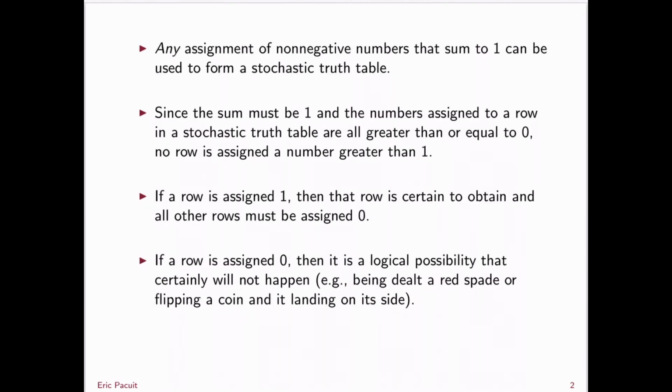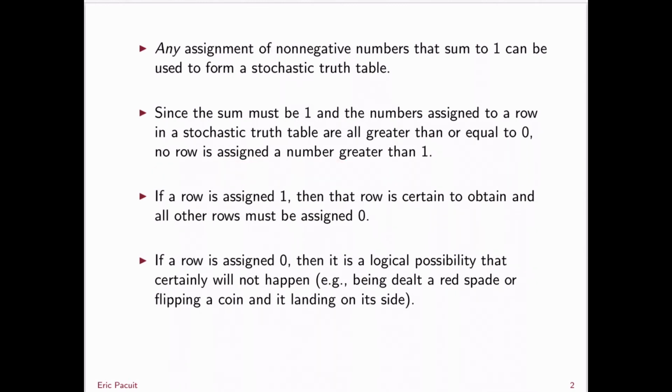There are 4 things you need to remember about stochastic truth tables. First of all, any assignment of non-negative numbers that sum to 1 can be used to form a stochastic truth table. Second, since the sum must be 1, and the numbers assigned to a row in a stochastic truth table are all greater than or equal to 0, no row is assigned a number greater than 1.